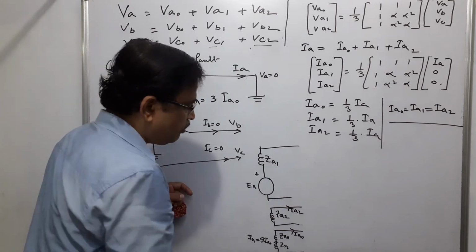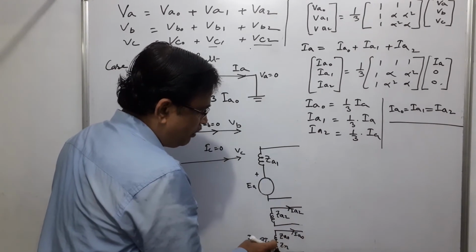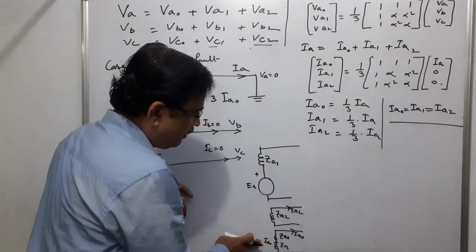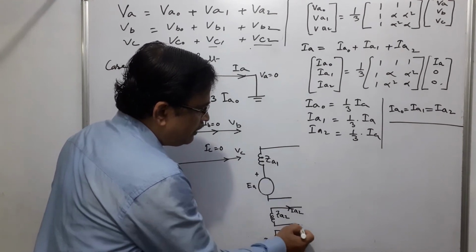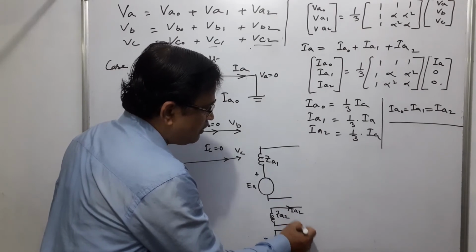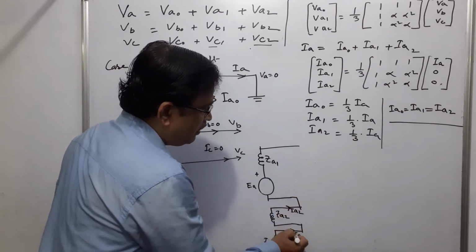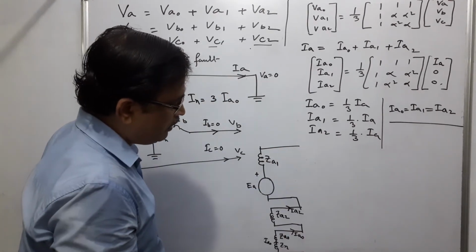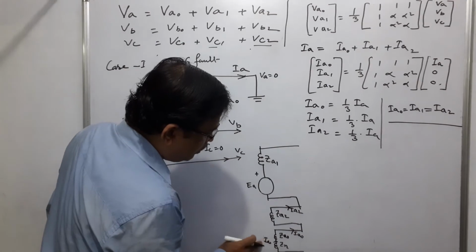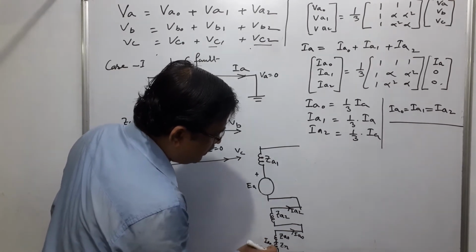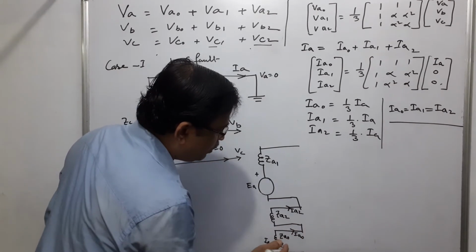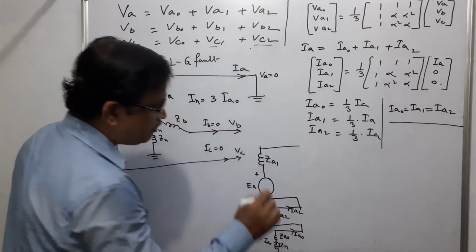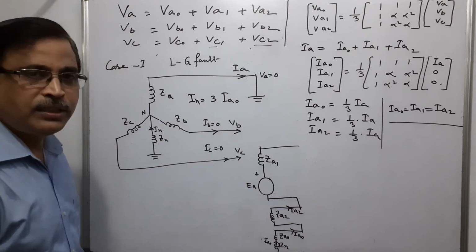And also in that case, what we can say, it is Ia0, and these two are in series, that means the same current will pass through. So if Ia is passing through, these 3 will come here, so instead of Zn it will be 3Zn.